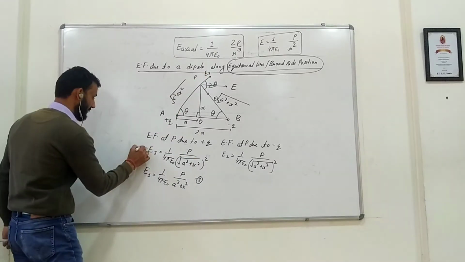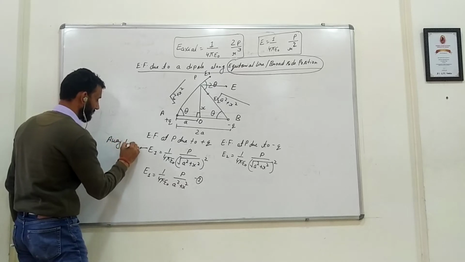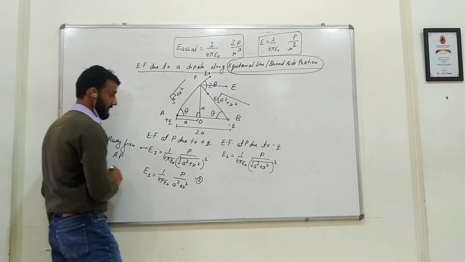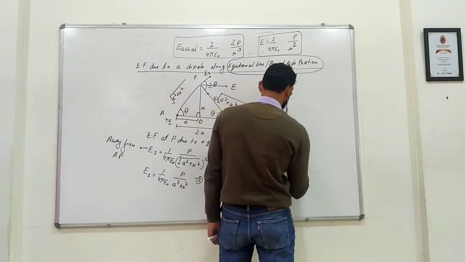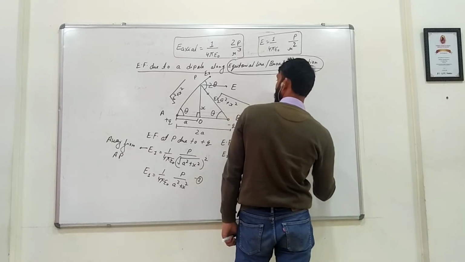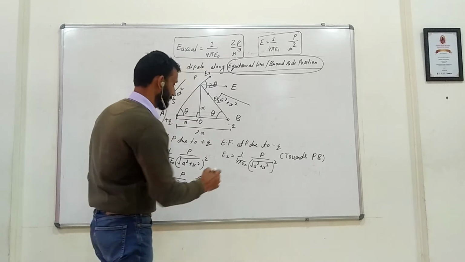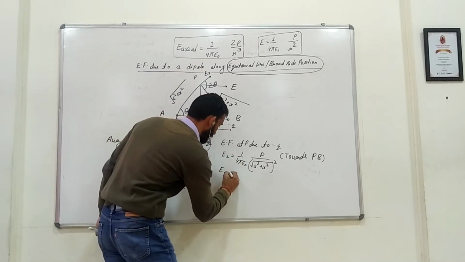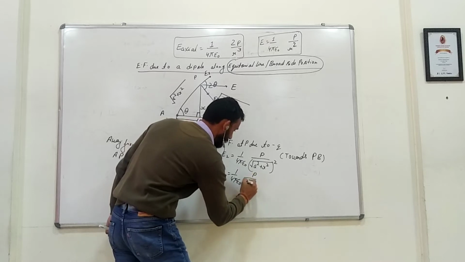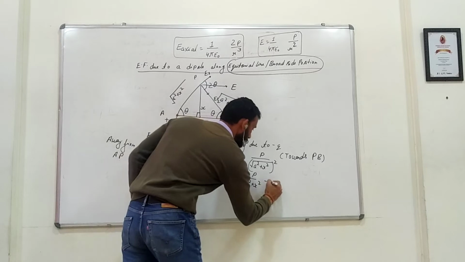So I can write here the direction of this is away from AB and this is towards PB. It means it is coming like this. If you remove this square, E2 will be 1 upon 4 pi epsilon naught q upon a square plus x square. This is equation number 2.